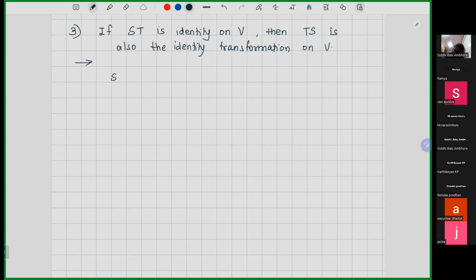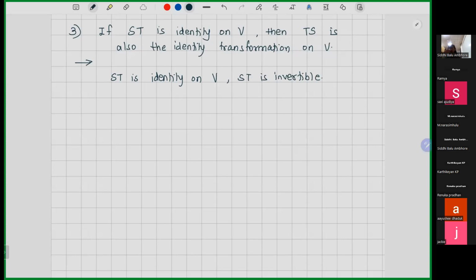What is given is that ST is identity on V. Identity on V means that ST is invertible, right?